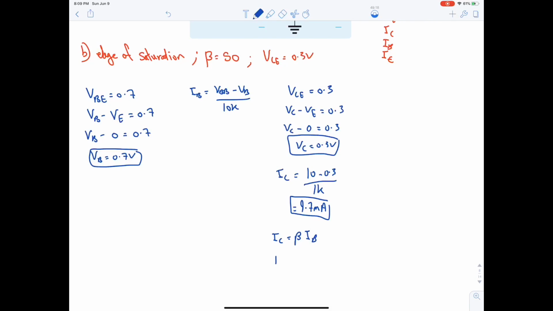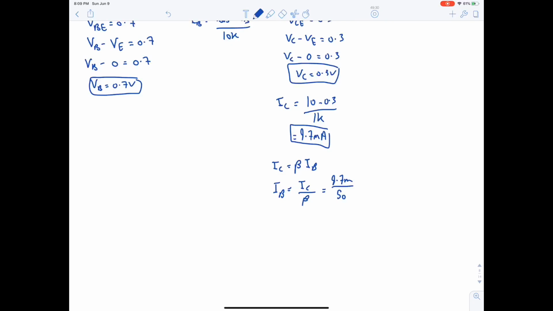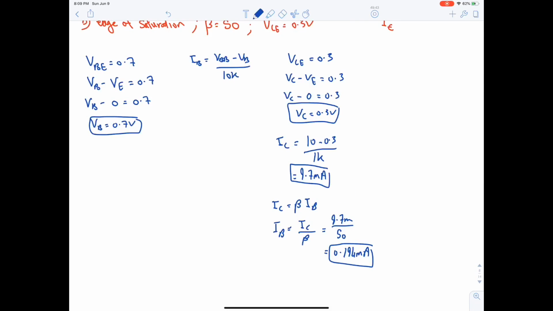So IB is equal to IC over beta, 9.7 milli divided by 50. This will give us 0.194 milliampere.